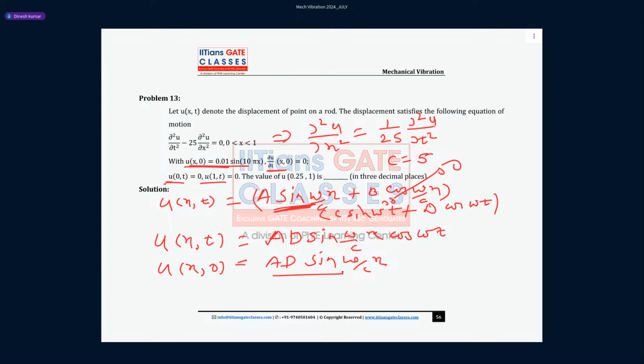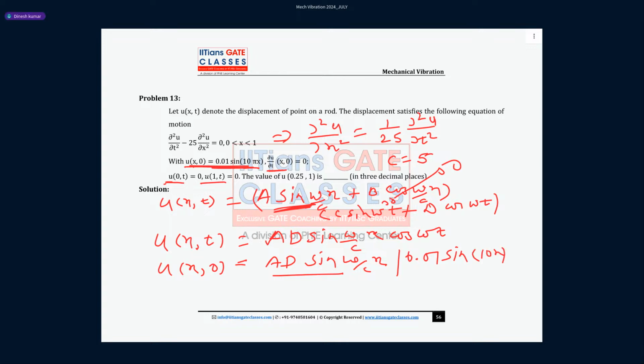If you compare these two, it is given as 0.01 sine 10x.